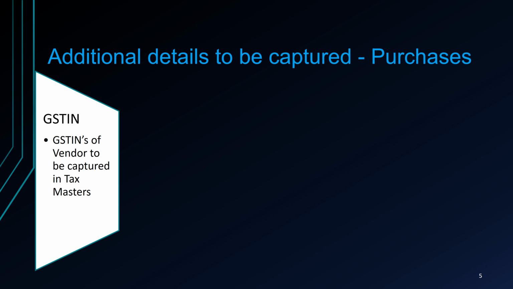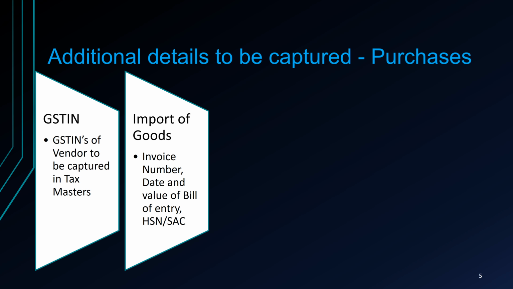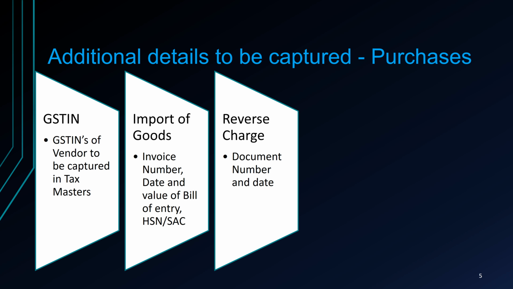Now the details which are additionally captured are the GSTN ID of the vendor in the tax master. In case of imports of goods, the bill of entry has to be also tracked and captured, which is necessary for filing. And for import of services and other reverse charge, the document number and the document date have to be captured.